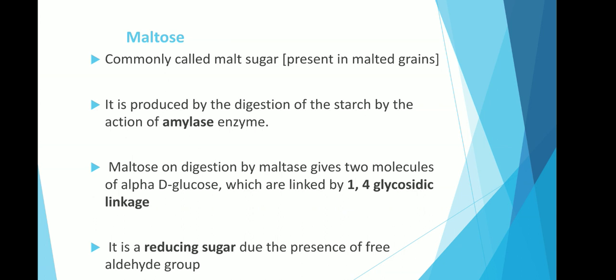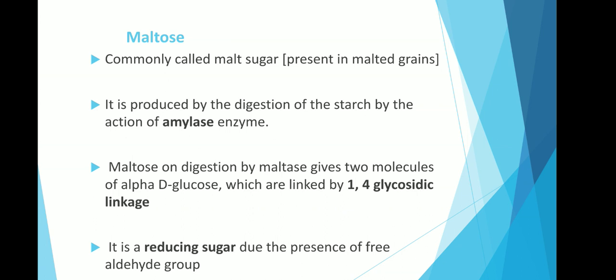D-glucose, alpha-D-glucose, is its monosaccharide unit. Maltose is digested by the maltase enzyme, so it gives rise to its monosaccharides. Which are the two monosaccharides present in maltose? Alpha-D-glucose. So maltase is an enzyme that gives two alpha-D-glucose.